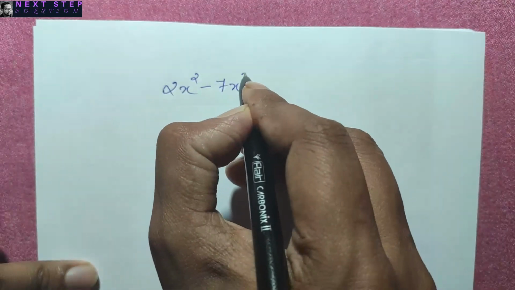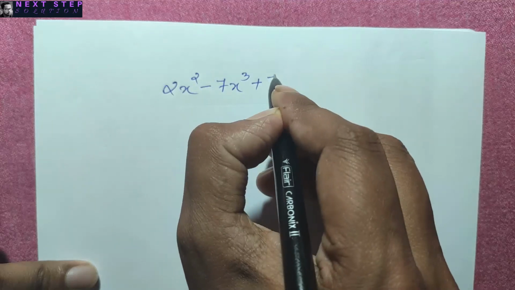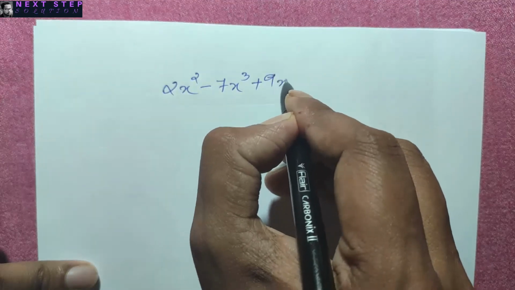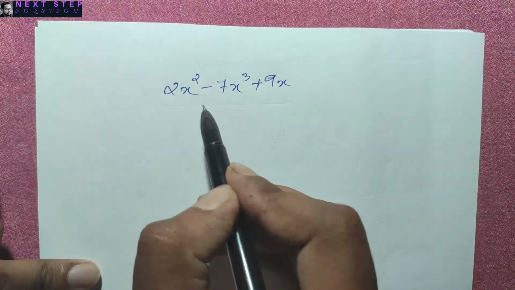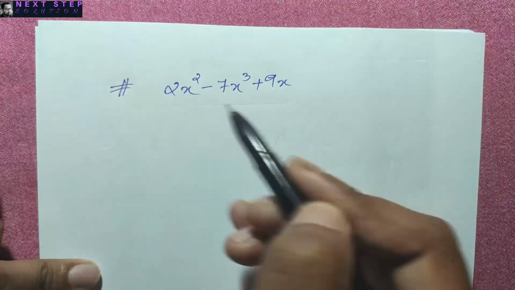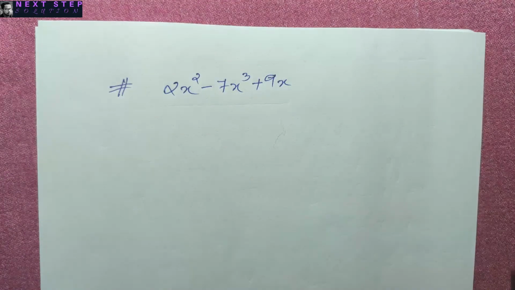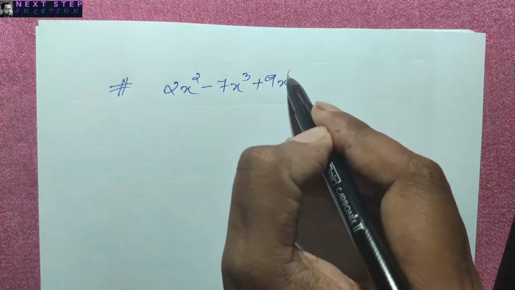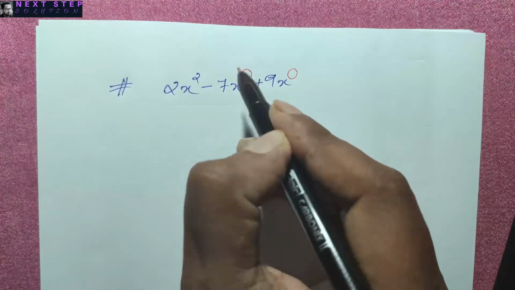Suppose we have 2x to the power 2 minus 7x to the power 3 plus 9x. Now, is this a polynomial or not? To identify whether it is a polynomial or not, we have to see the powers of the variable.